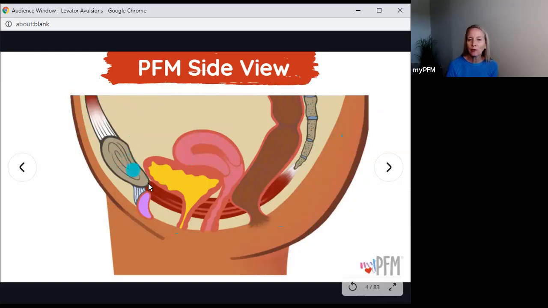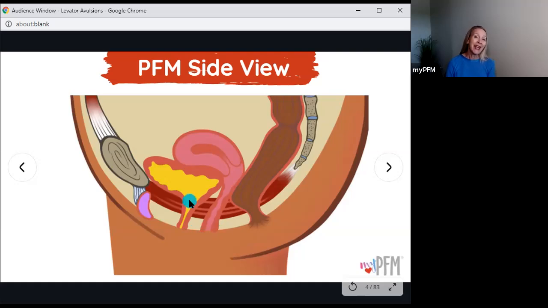The pelvic floor muscles attach here at the pubic bone and then stretch back to the tailbone. You have the bladder and the urethral canal. That's where urine exits. The uterus and the vaginal canal, and then the rectum and the anal canal. This is the clitoris, and then this would be the vulva here.